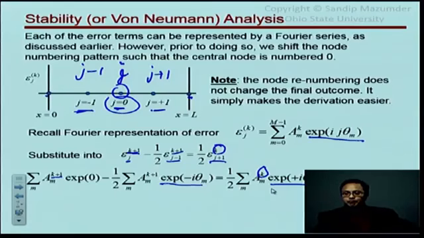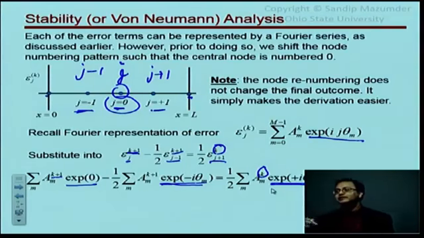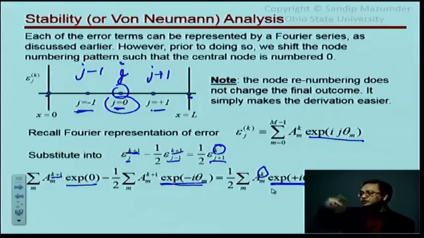Now if I didn't shift the index, then here I'm going to get e to the power i j theta_m, here e to the power i (j minus 1) theta_m, and e to the power i (j plus 1) theta_m. What you will find is that e to the power i j theta_m will just cancel out, and you'll be left with this equation.